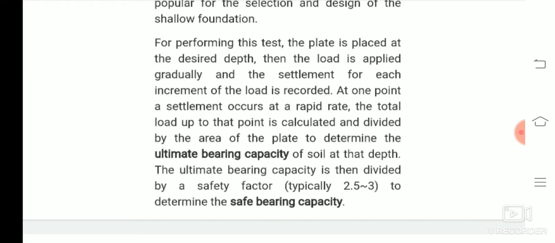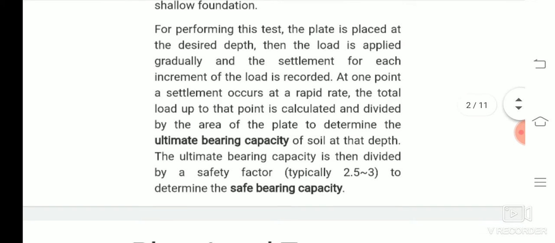The plate is placed at a desired depth, then the load is applied on this rigid plate at the foundation level and the settlement corresponding to each load increment is recorded.